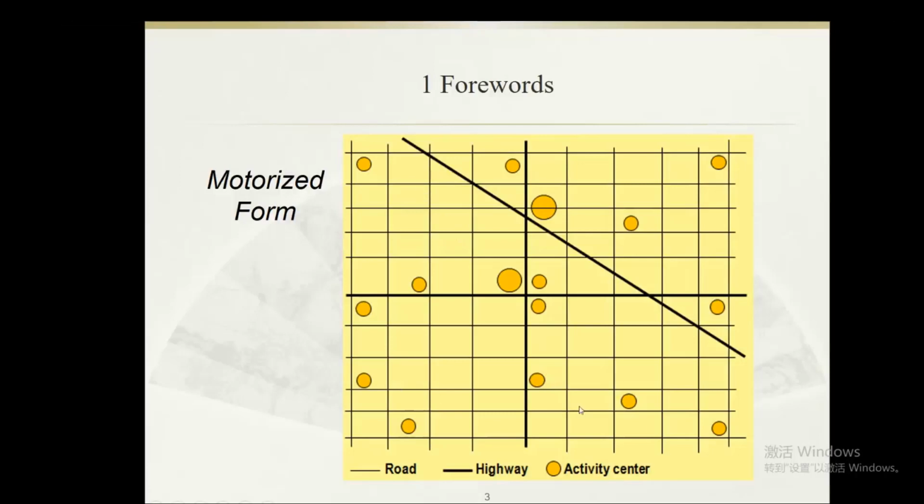So if this is a city, there is no city center, because the activities of people are distributed everywhere. We call this urban form motorized form. What does motorized form mean?